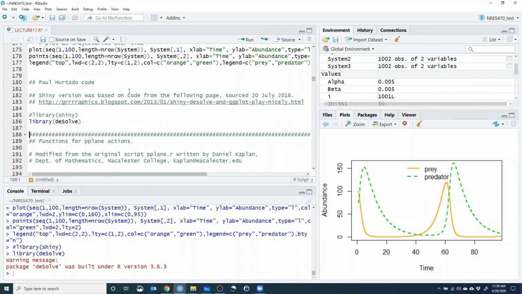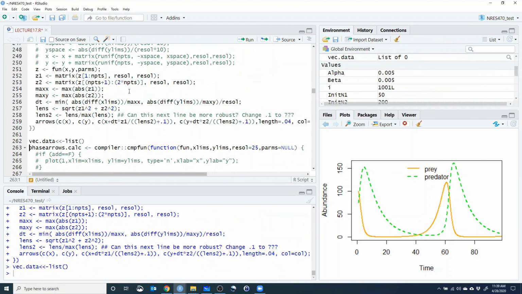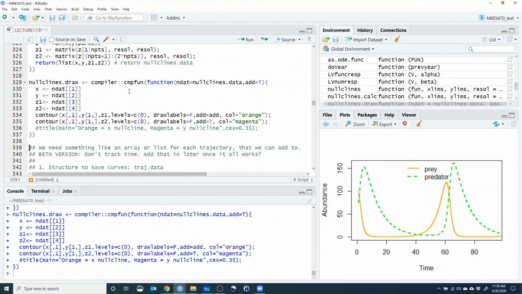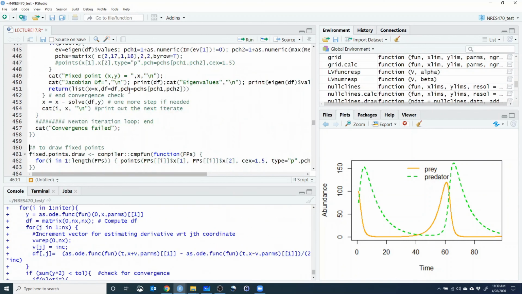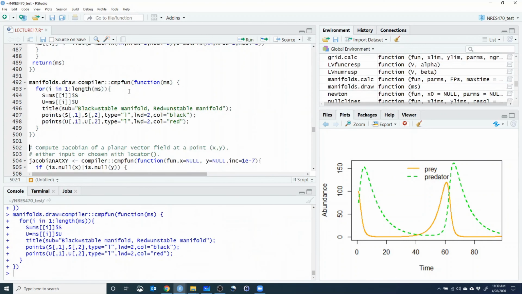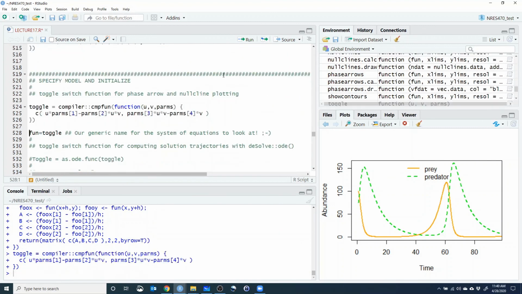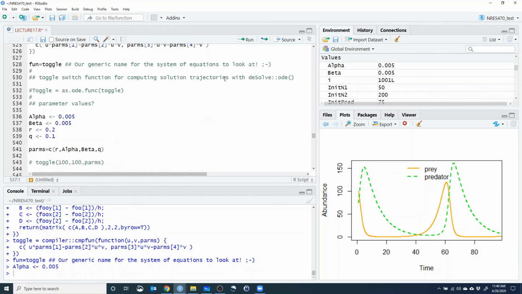Just run a bunch of functions that were written by Paul Hurtado in the math stats department at UNR. So I'm just going to quickly load up all the functions that Paul wrote so we can visualize those arrows. All right. And we can set this final function here, and now we can parameterize a model.